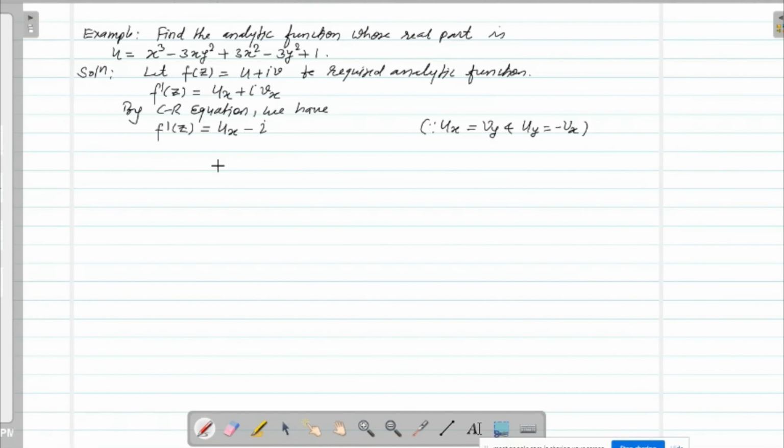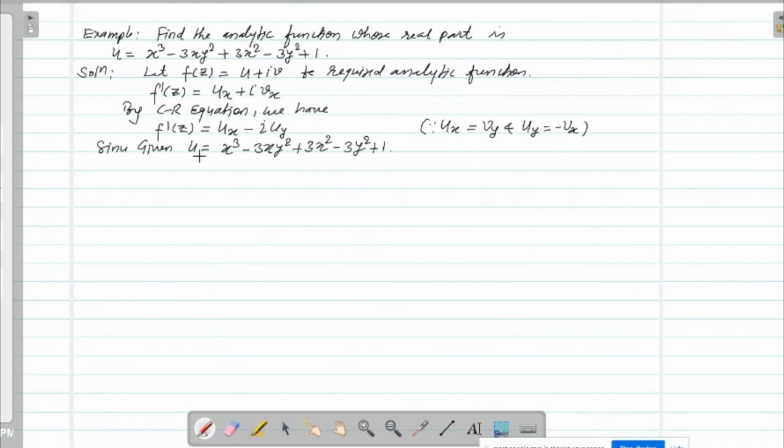So instead of vx we put minus uy. Now our job is to find ux and uy, because u is given to you: u is equal to x cube minus 3xy square plus 3x square minus 3y square plus 1.